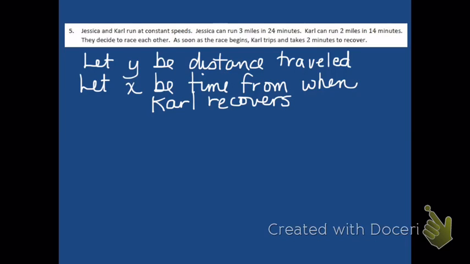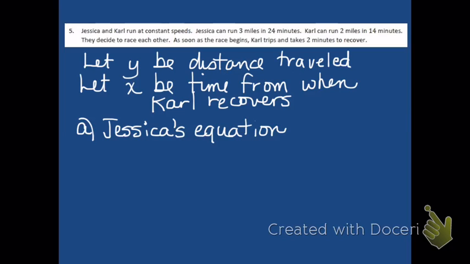If I want to write Jessica's equation, her constant speed is going to be her distance traveled over the time. And the time for Jessica is always going to be x plus 2 because she has that 2-minute head start. And that's equal to her constant rate, which is 1 mile in 8 minutes. Notice she went 3 miles in 24, so I've just simplified that to 1 mile in 8 minutes.